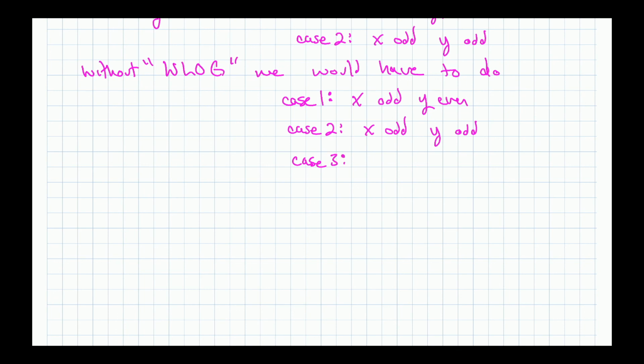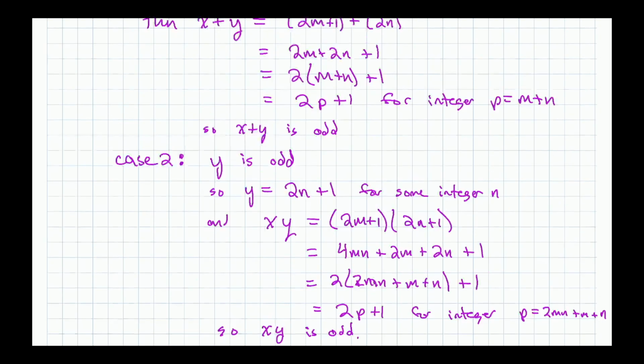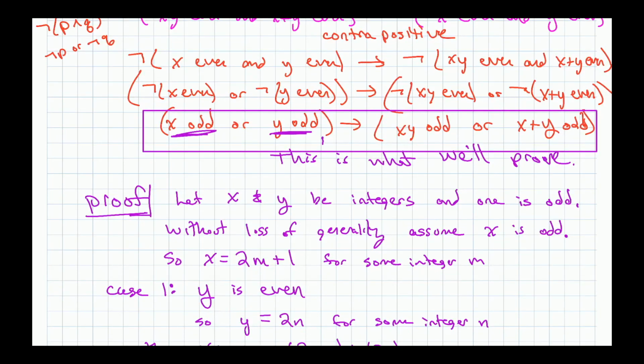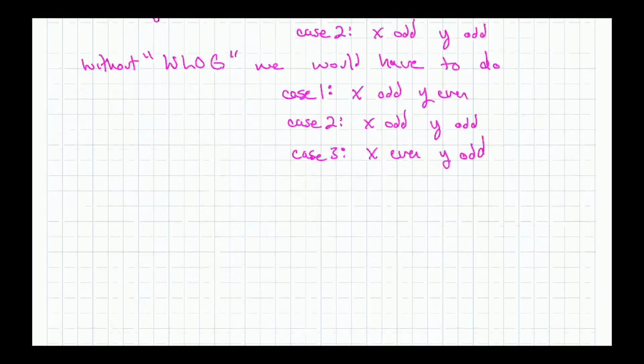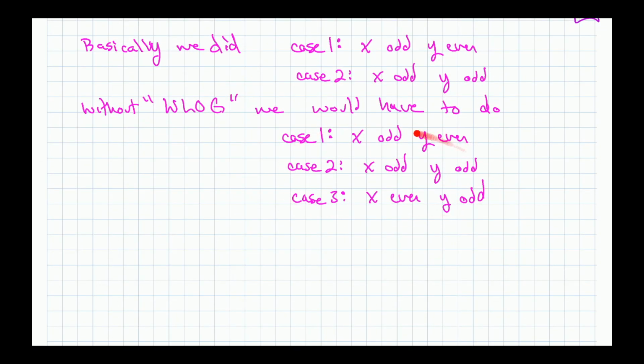So we would have also had to consider the case where x is even and y is odd. Is that the only extra one? I guess that's the only case, because what we actually ended up proving was x is odd or y is odd. So this is all of the ways that one of them could be odd, right? There's no case four, because case four would be both even, but that didn't have anything to do with what we had to prove, because we were proving something about when one of them was odd.